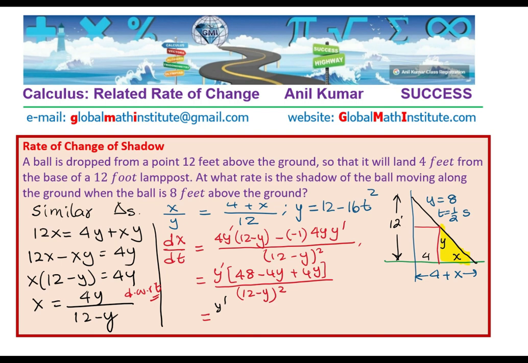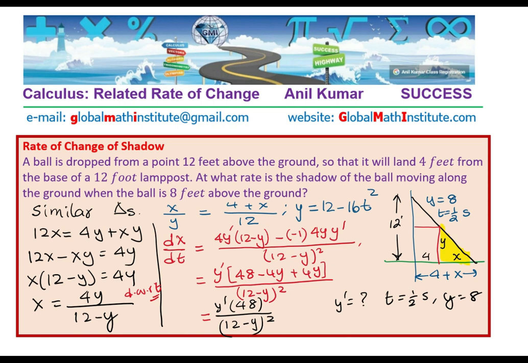So y prime times 48 over 12 minus y whole square. Correct. So we have got the expression for the derivative, which is dx/dt. You need to find what is y prime at t equals half a second when y equals 8.